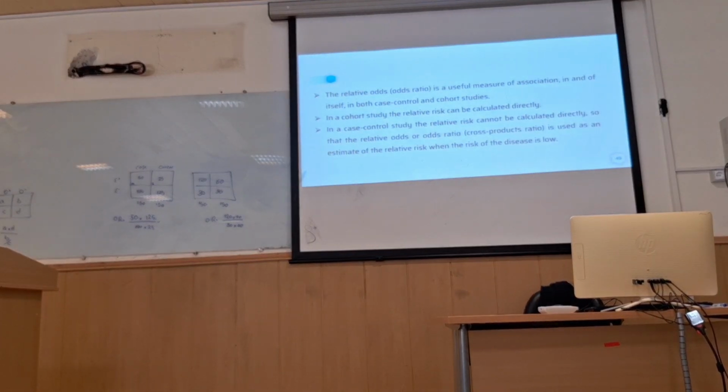On the other hand, in case control, the only ratio-based indicator is odds ratio, because you cannot calculate or estimate relative risk and risk in case control studies. In case control study, relative risk cannot be calculated directly, so relative odds or odds ratio is used as an estimate of relative risk when the risk of disease is low.